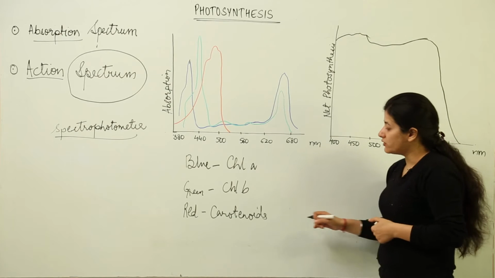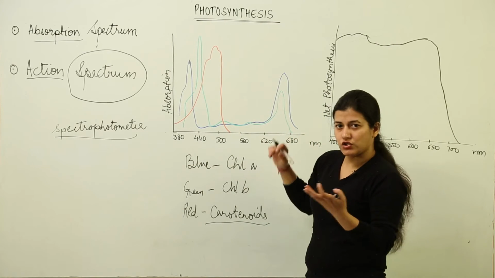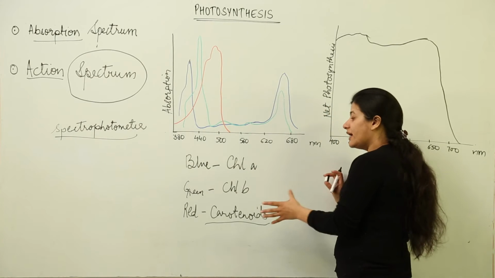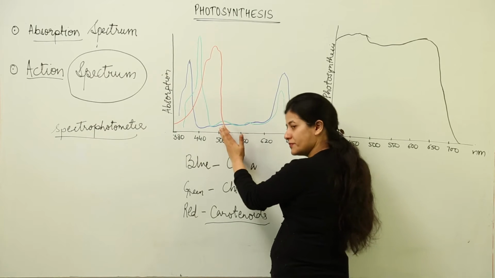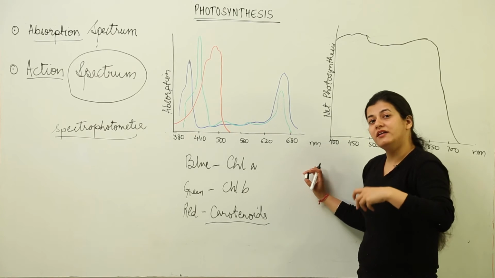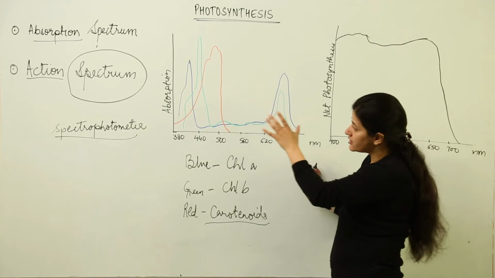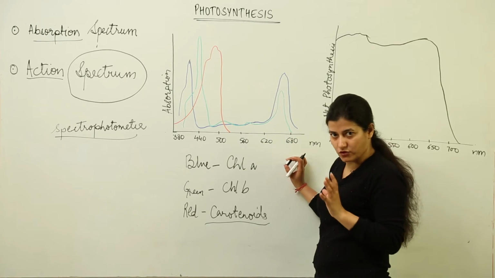Talking about the carotenoids, which are represented by the reddish orange color, their region of absorption ranges between the violet and blue. Then the absorption stops. They do not absorb in the red region. That is why they reflect it and they are reddish in color. So this is the absorption spectrum of the three different pigments that we have talked about.